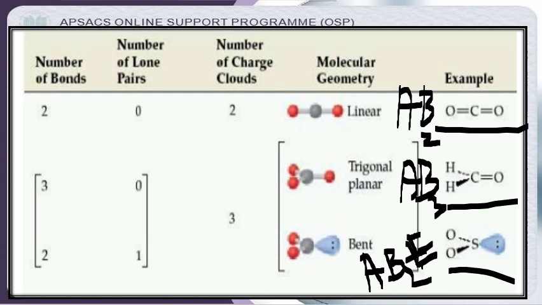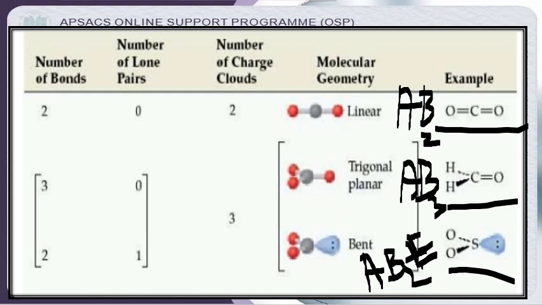So in carbon dioxide, although carbon is sharing 4 electrons with the 2 oxygen atoms, due to direction, we will consider them as single bonds. So the geometry present is linear, and the angle will be 180. 2 bond pairs are thought to be present around it, and no lone pairs.